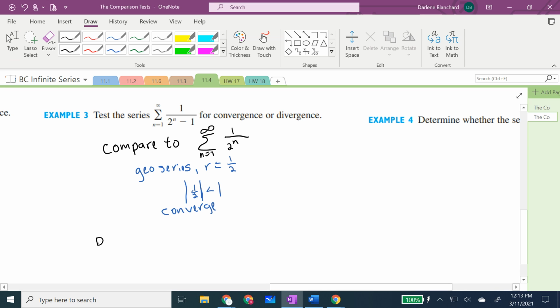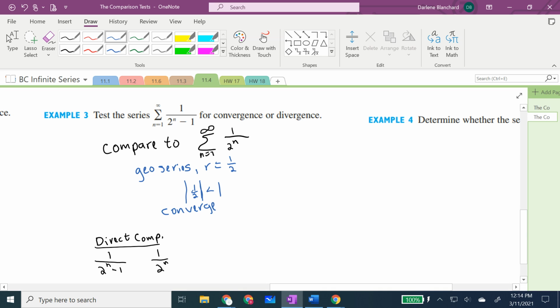So let's start with direct comparison. If I use direct comparison, I'm going to write down the equation that I'm working with and who I decided I should compare it to.